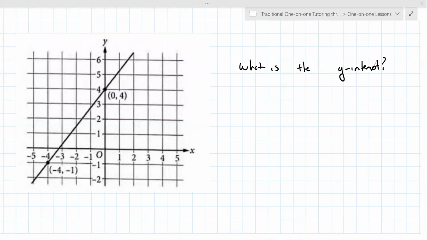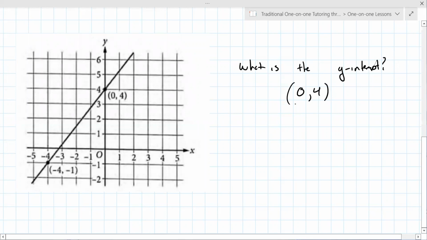It's the 0.04. Very good. How about what is the slope?